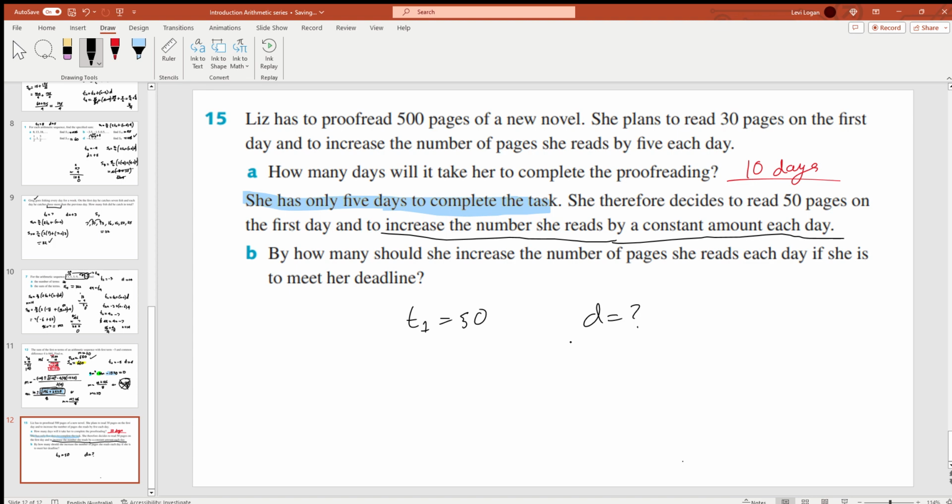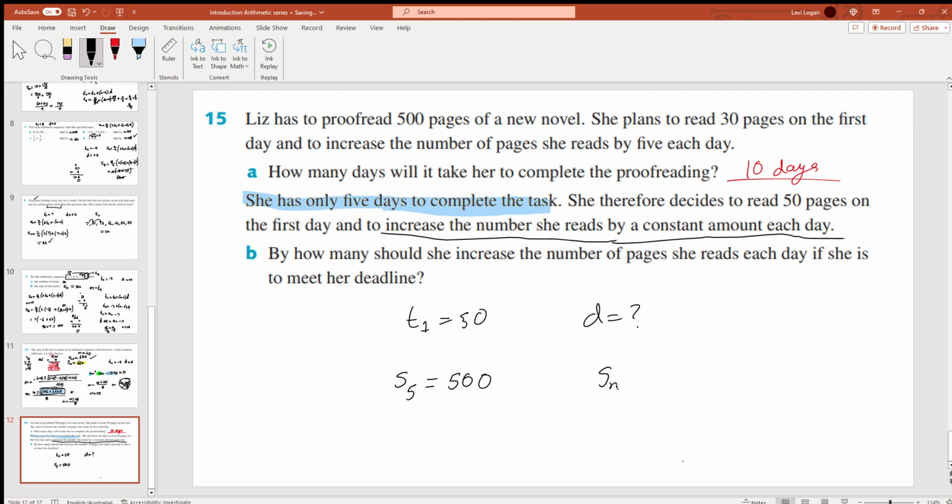So we know we need S of 5, what was our previous working, to be 500 pages straight away.